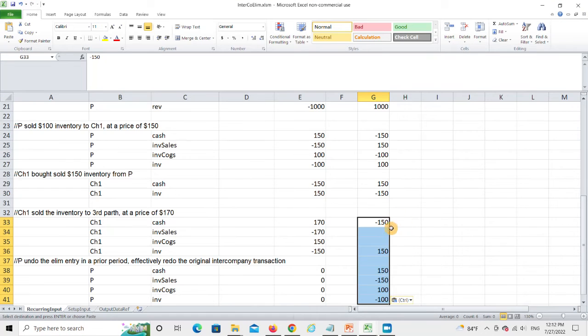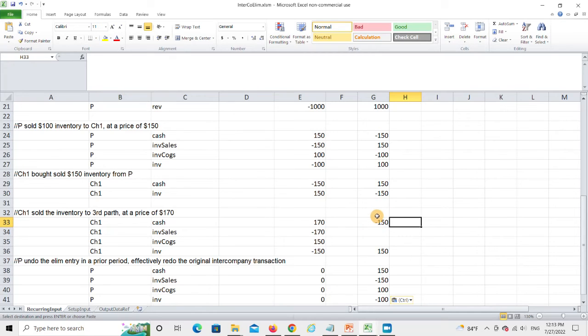Here is the elimination entry for the fact that CH1 is selling that inventory to a third party outside the group. Let's look at it. Because the inventory now is out, the original elimination entry is now reversed. The cash is minus 50. The cash was positive 50.